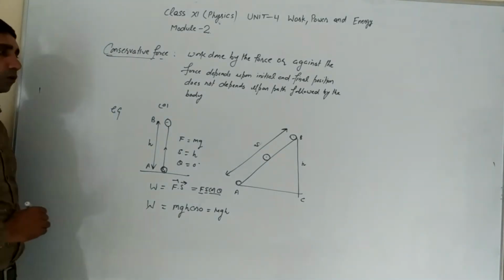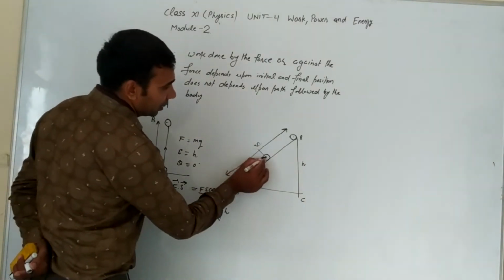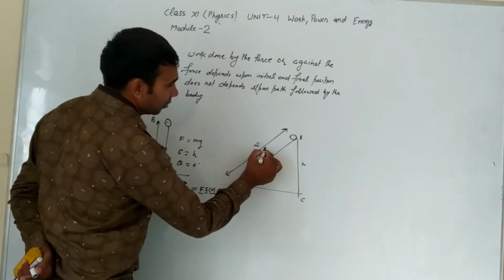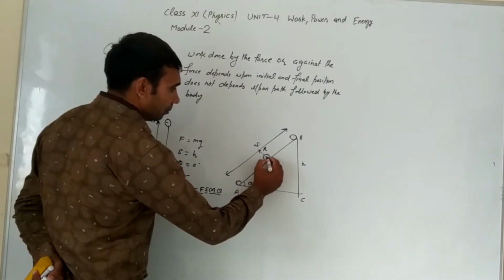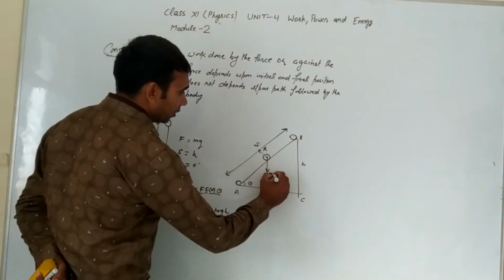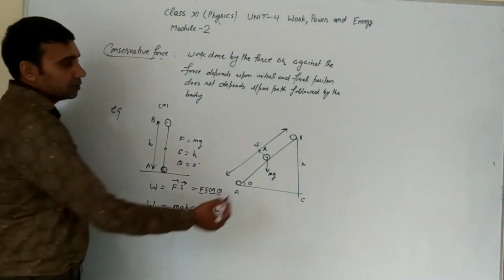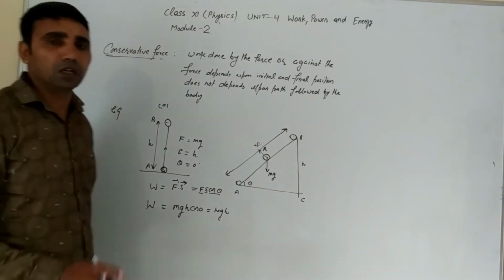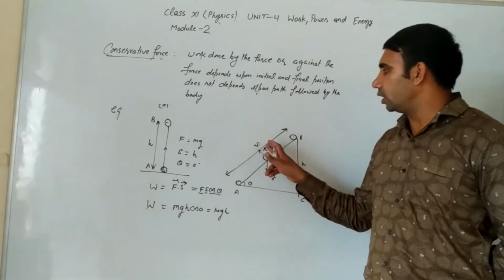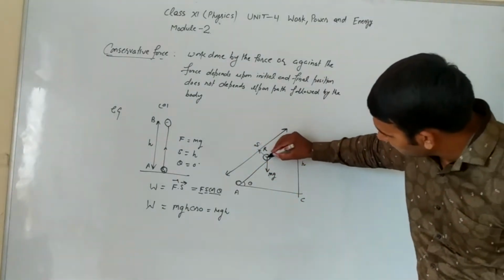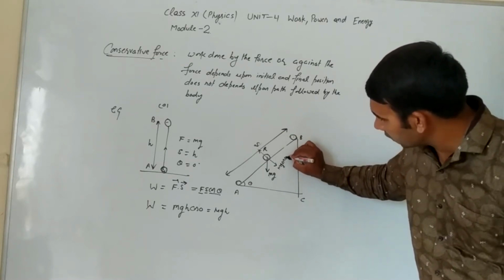Then the work done to move the body, with the reaction force R acting on the body, and Mg, the weight of the body acting vertically downward. This weight Mg can be resolved into two rectangular components. One component, opposite to R, is Mg cos theta.